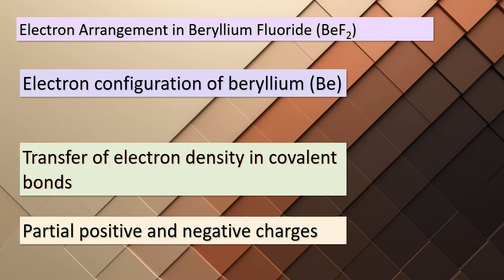These charges create what we call a dipole moment, which essentially represents the separation of charges within the molecule. The polarity resulting from this charge separation influences the molecule's behavior and interactions with other molecules. So, the distinct electron arrangement in BeF2 contributes to its overall properties. Fascinating, isn't it? Let's keep our exploration going.